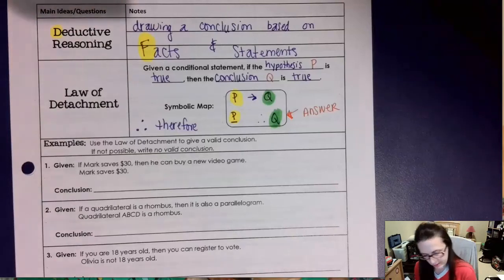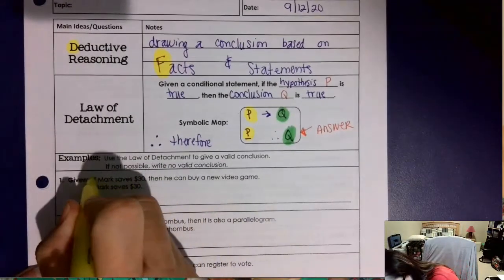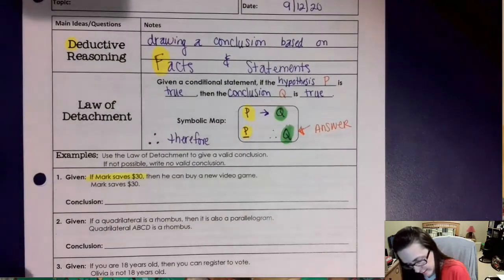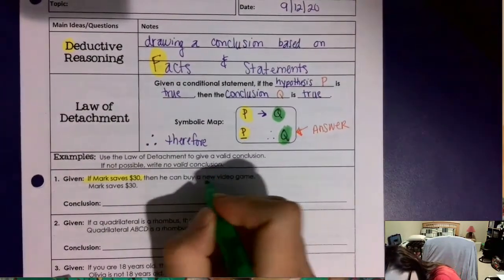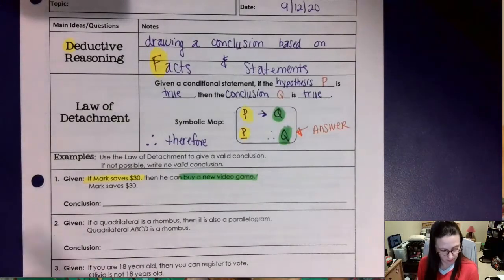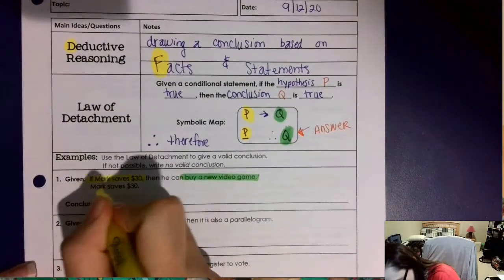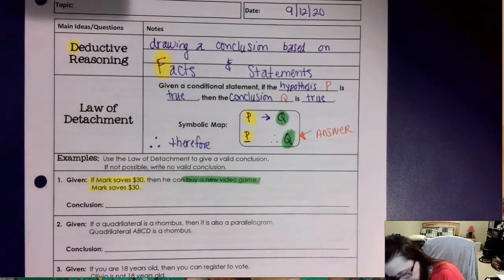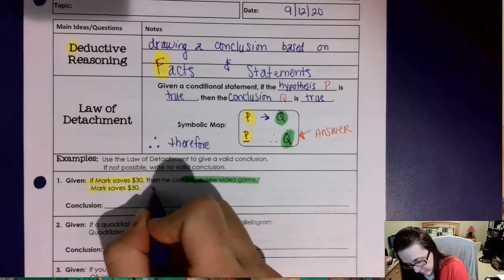I'm going to use my highlighters to do that. If Mark saves $30, then he can buy a new video game. Well, that's our P. And then our Q. This is P. Was P true?